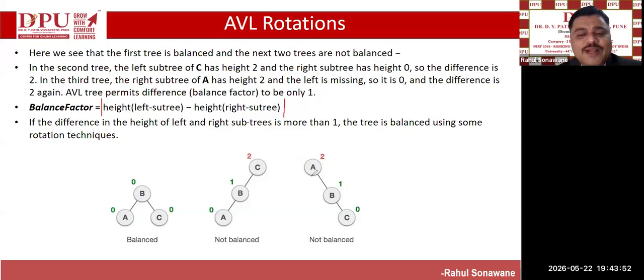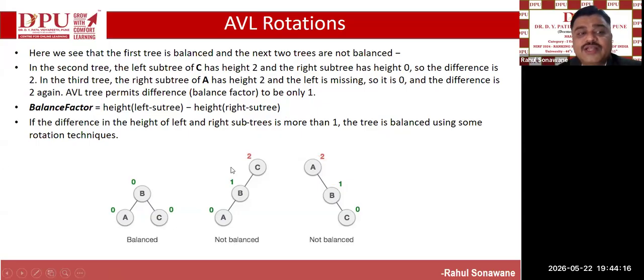But for practice, you can consider it as minus 1. That is also applicable. Similarly, here you will get the balance factor minus 2. Most of the time, for practice or while solving, we take it as negative because it simplifies our solving.